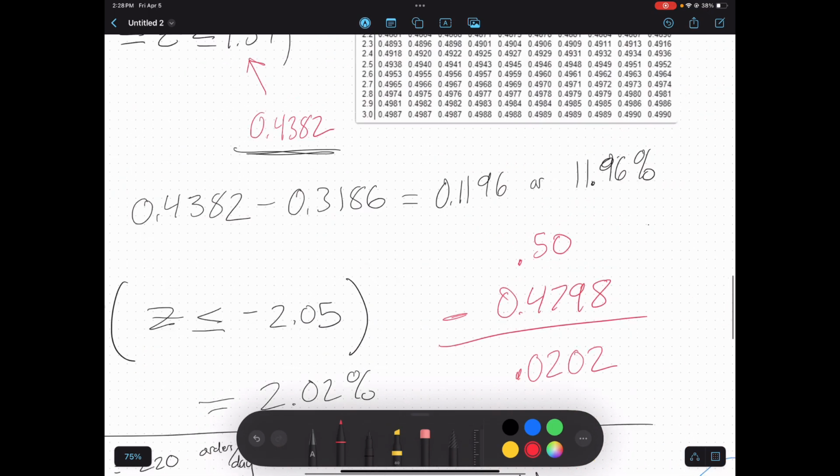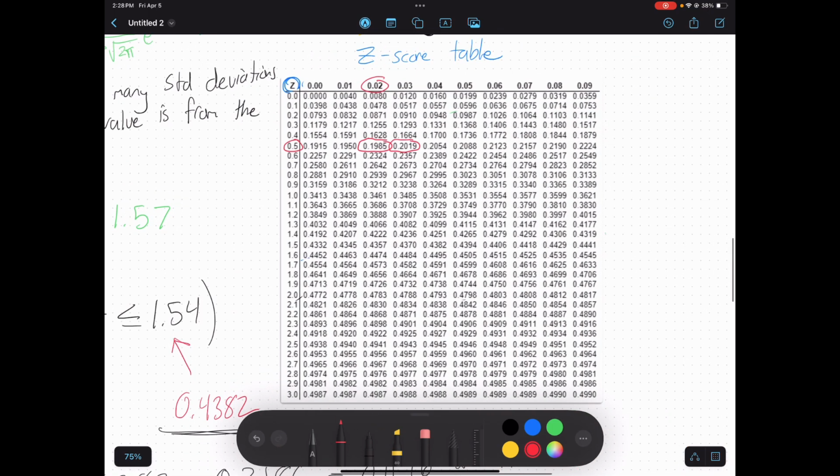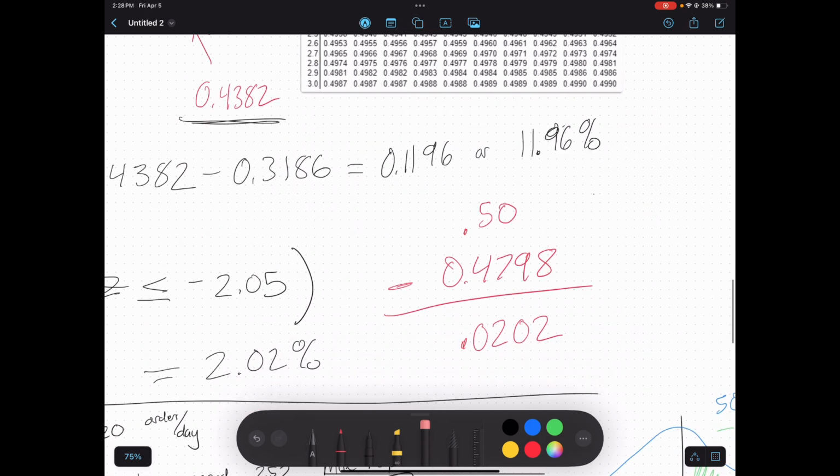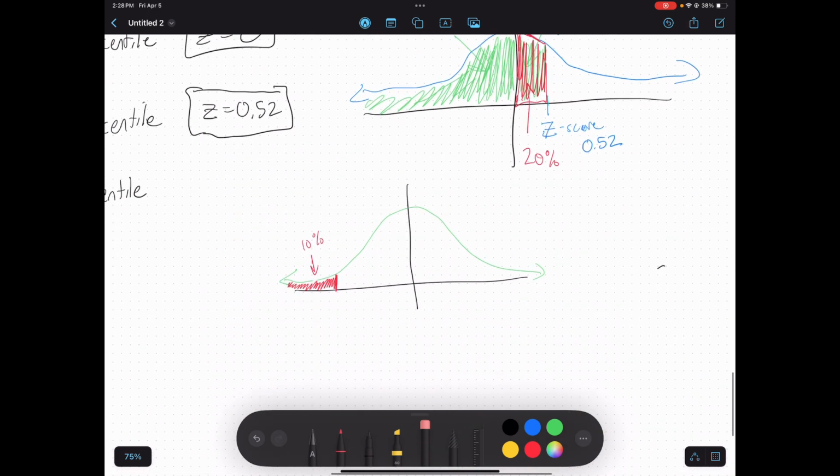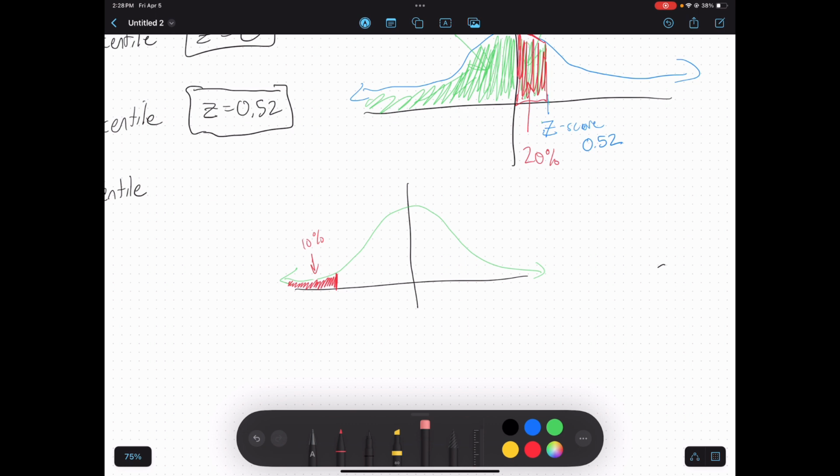So, should I come up here and just look for 10%? Remember, this table is always in terms of your distance from 0. So if I come back down to my picture, how far away am I from 0? I'm not 10% away from 0. I'm actually 40% away from 0. How do I get 40%?